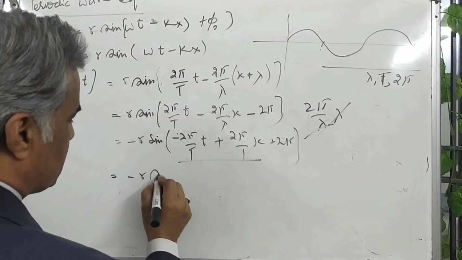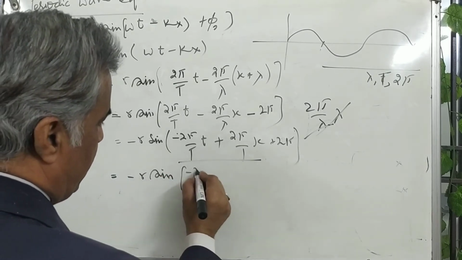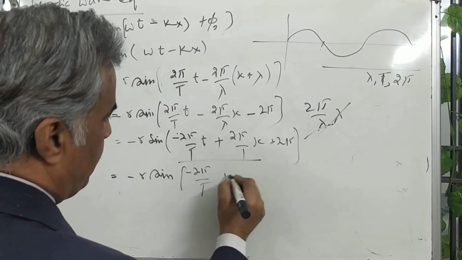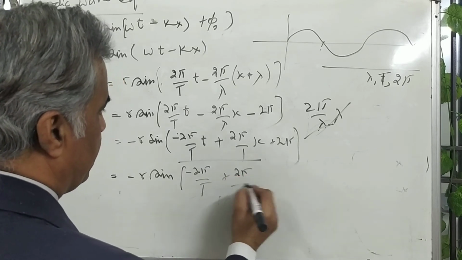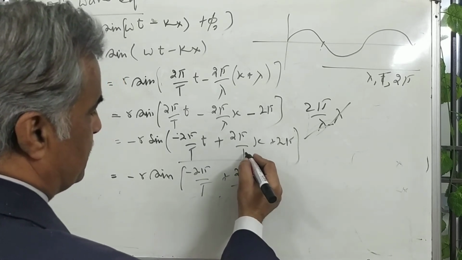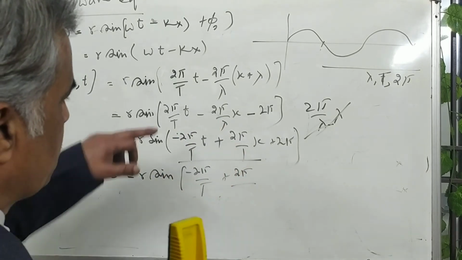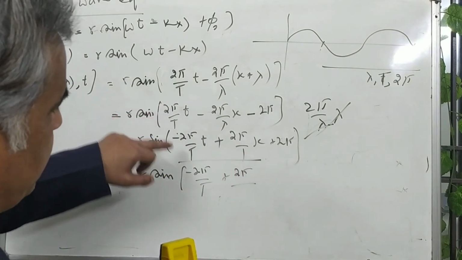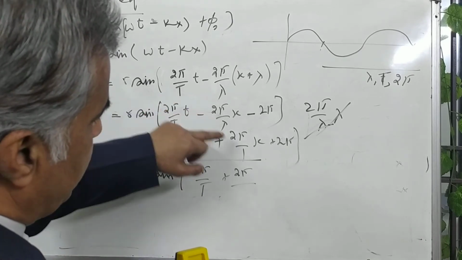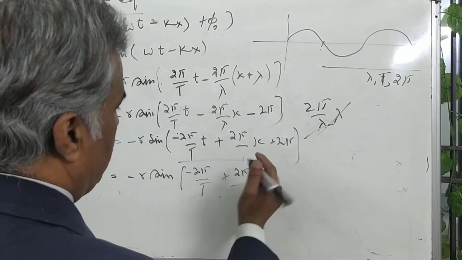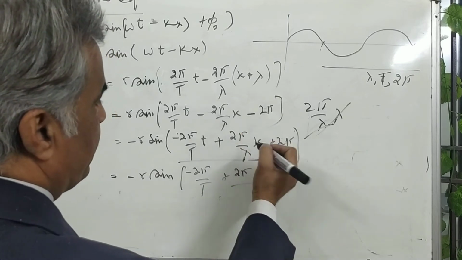That is minus r sin of minus 2π by T into t plus 2π by λ times x.